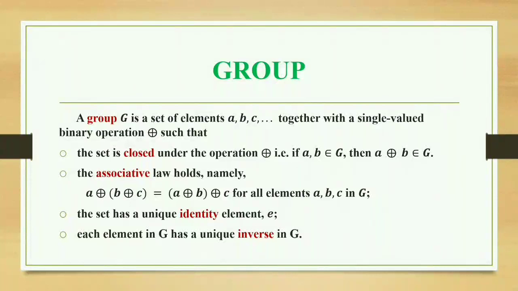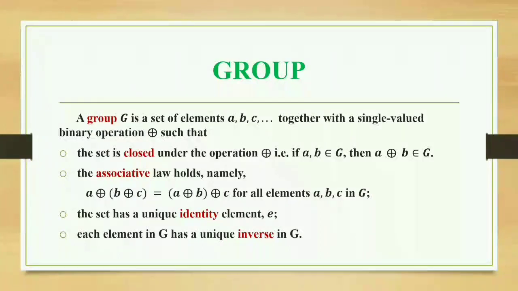That is, if we consider two elements a, b belongs to G, then the element a circle plus b should also belong to G. Second, the associative law holds. That is, if we consider three elements a, b, c belongs to G, then (a circle plus b) circle plus c should be equal to a circle plus (b circle plus c).